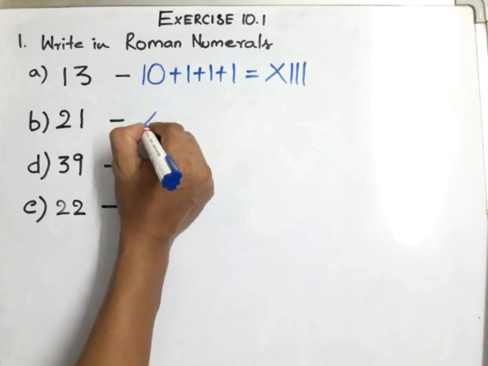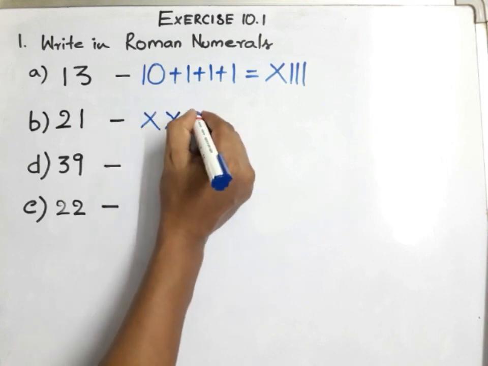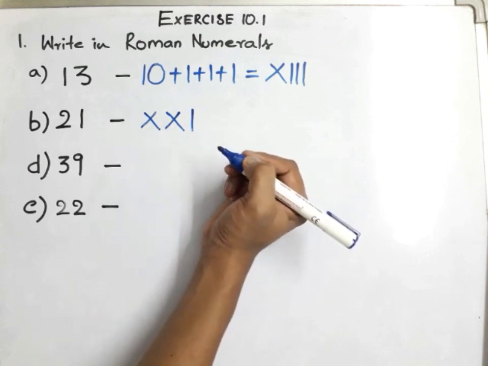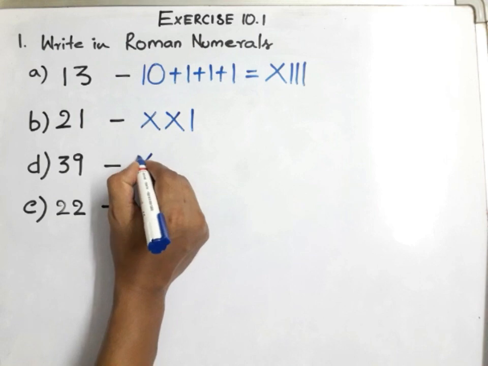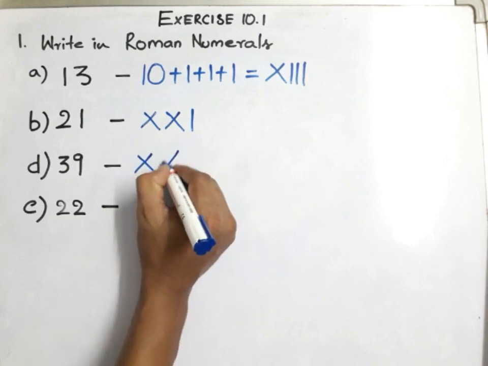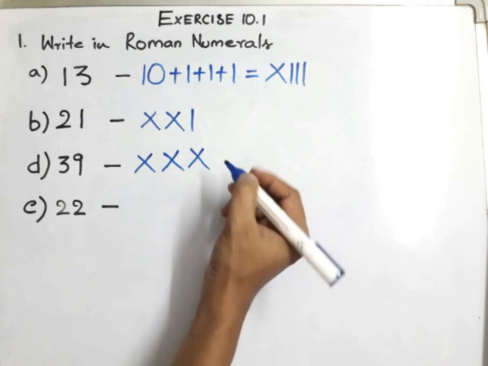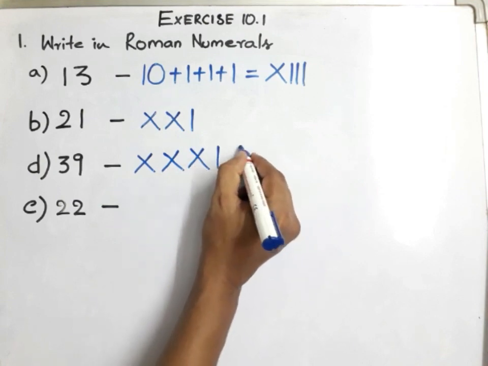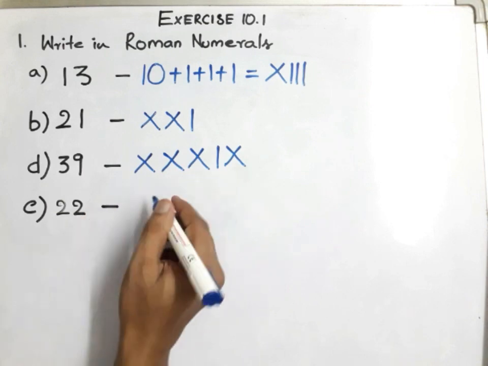21. So 10 plus 10, 20, and I gives 1, 21. Next 39. So X gives 10, X gives 10, and X gives 10, 30, and 9, 39. 22.